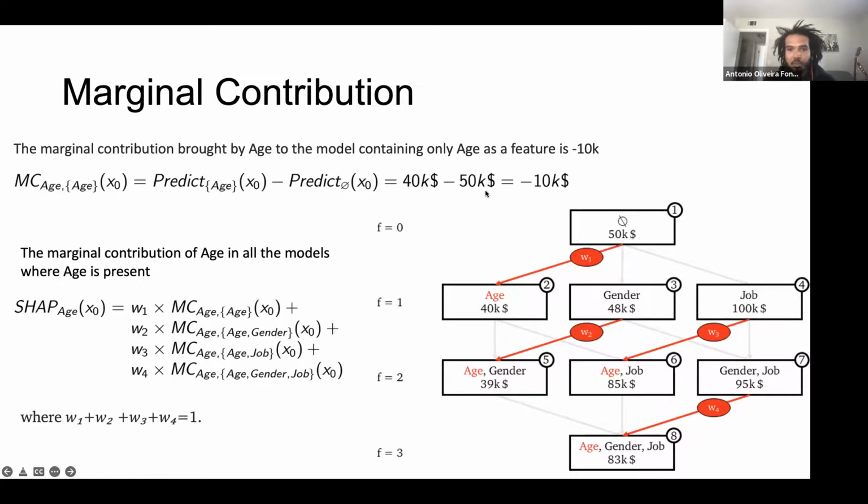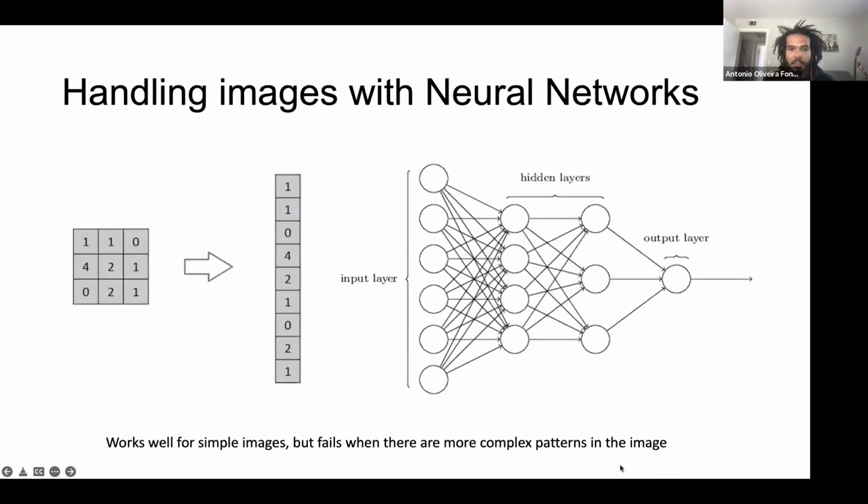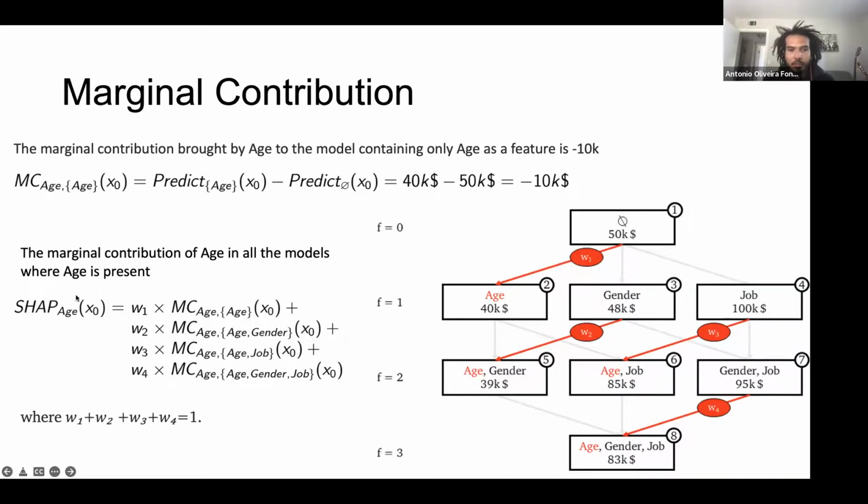If we do the same analysis for all the combinations in which age shows up, you'd have the difference between the mean and just age, then gender and age, then job and age, and then all the other features and age. So that's the contribution of the variable age to the overall prediction, okay?